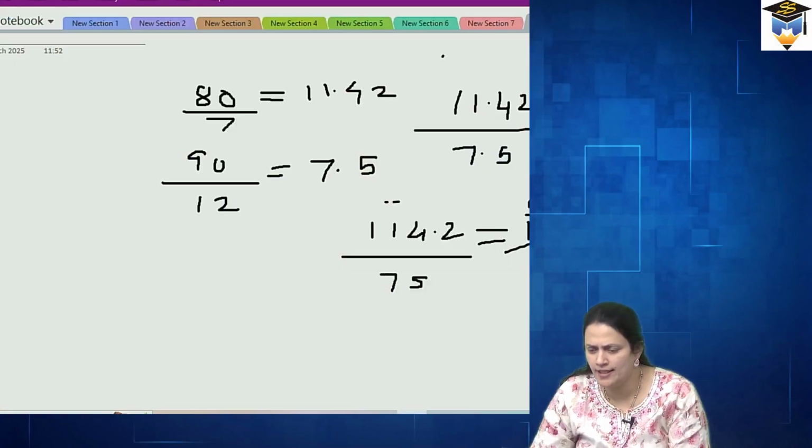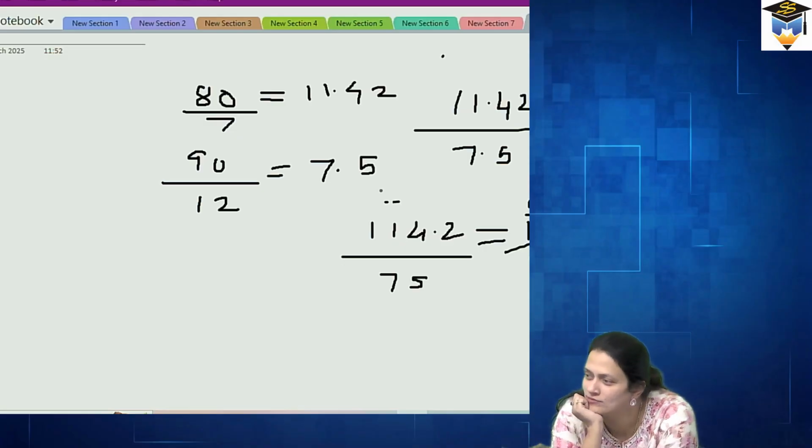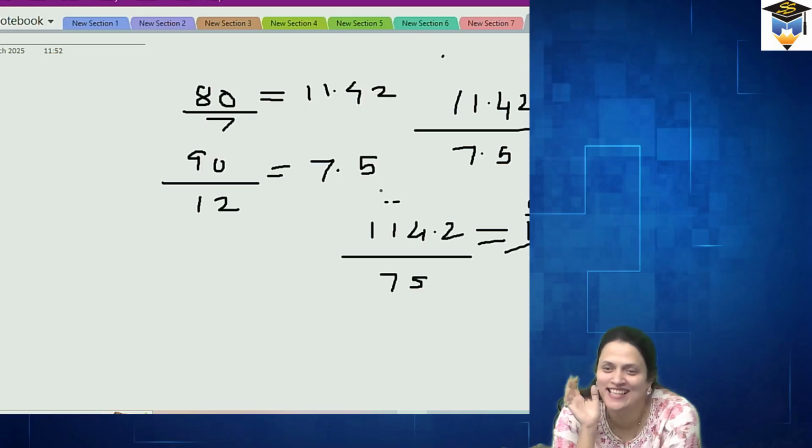But if we did it like this, try 1142 divided by 2. 1142 divided by 2 is 571, and 750 divided by 2 is 375. Correct, right?